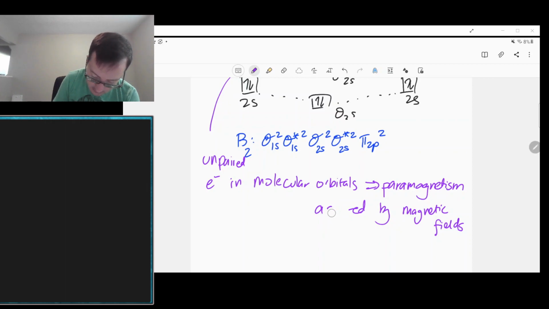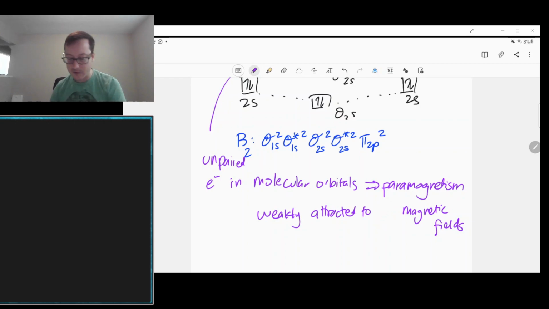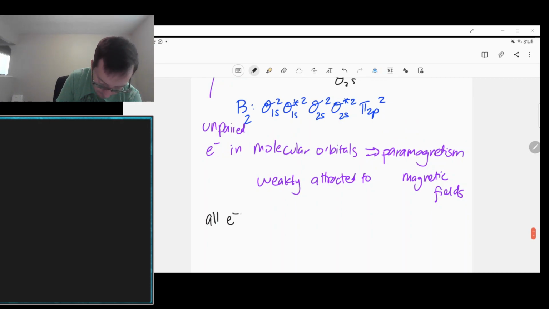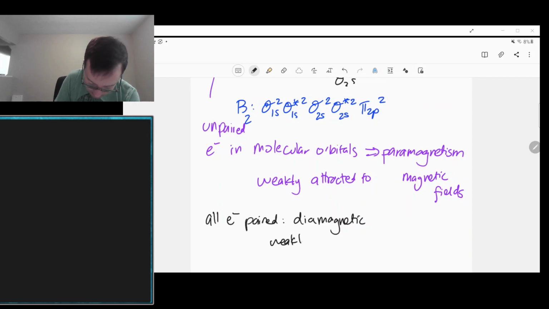Whereas things that have completely paired electrons will be diamagnetic, which are weakly repelled by magnetic fields.